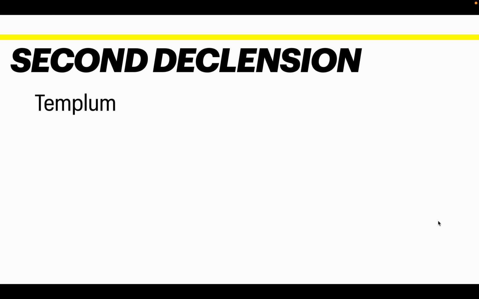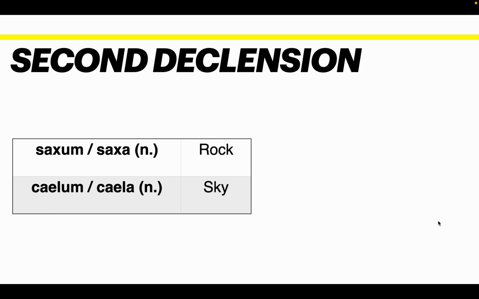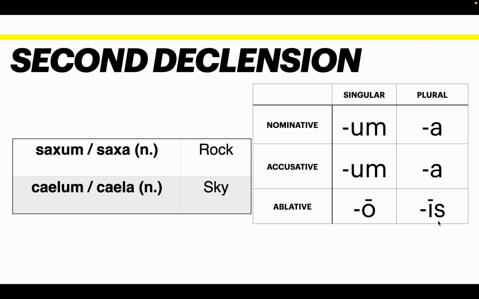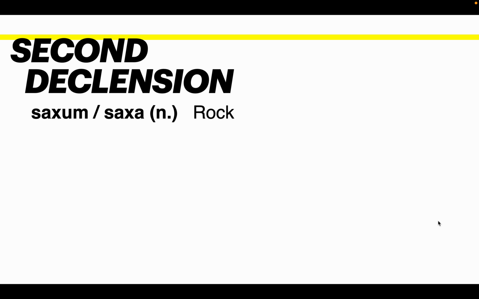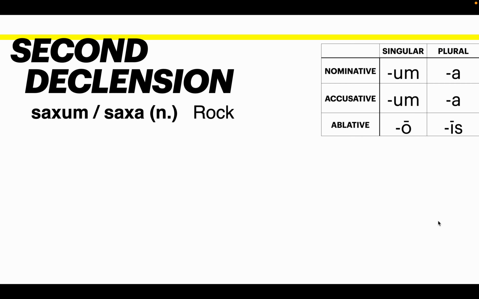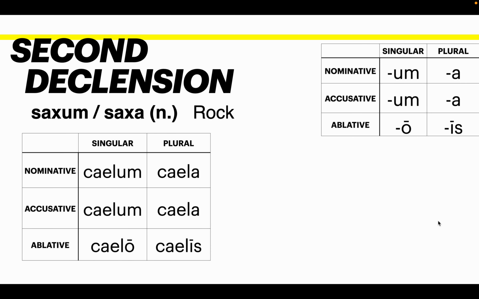However, there are some second declension nouns that are what we call the neuter words, like saxum, kylum. We learned previously that the nominative and accusative forms of these words are exactly the same. They both use um and a for the subject and after the verb. Ablative is also going to use o and is. So for example, well, here it is as kylum.